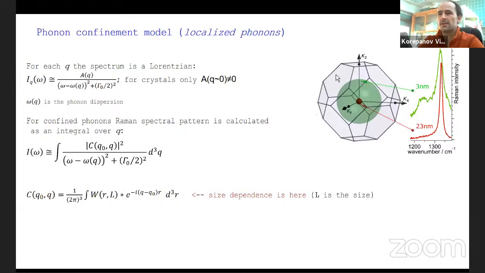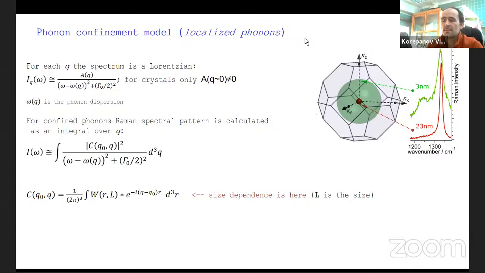On the next page, the general idea is that, as usual in Raman spectra, we deal with a Lorentzian-like line shape, and for each wave vector we consider this Lorentzian-like shape, which is in the top equation. In crystals, what we see is only one narrow line, and only one Lorentzian from zero wave vector is allowed. But when we localize the phonon, it is spread along the Brillouin zone, along the space of these wave vectors.